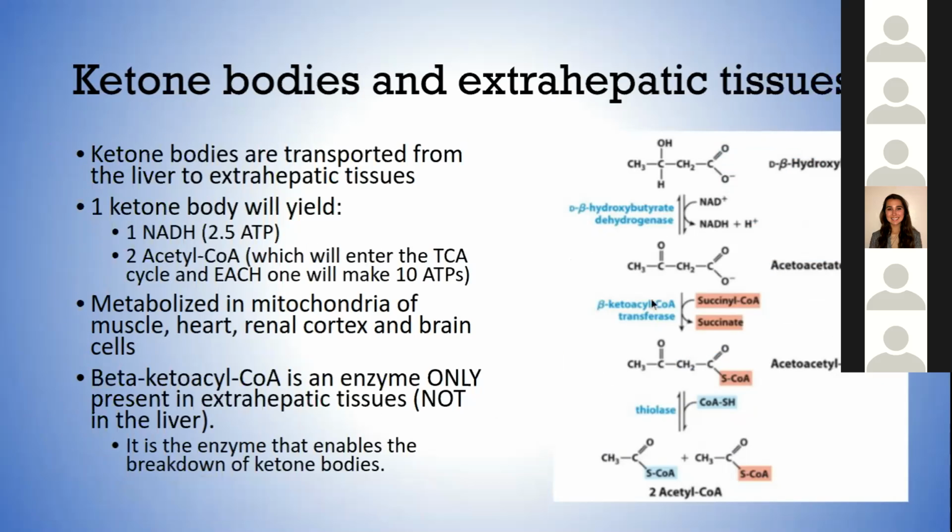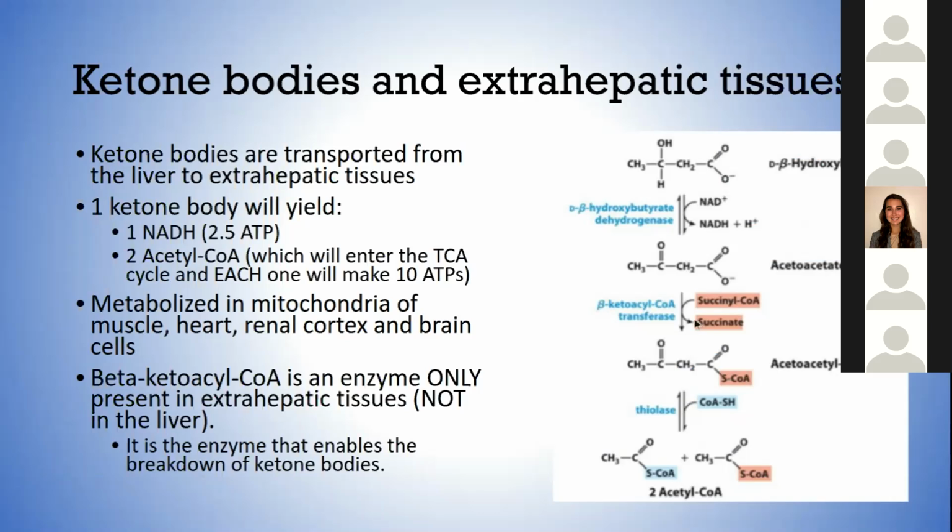We're just going backwards from hydroxybutyrate, using the same enzyme to give acetoacetate, and then doing kind of a shorter way without having to go through HMG-CoA, just using this one enzyme that's only present in the extrahepatic tissues, not in the liver, because we don't want to have the same enzymes in the same place, because then we're just doing the opposite, right? We're trying to avoid this futile cycle from happening, because we don't want to make ketone bodies and break them down in the same place.